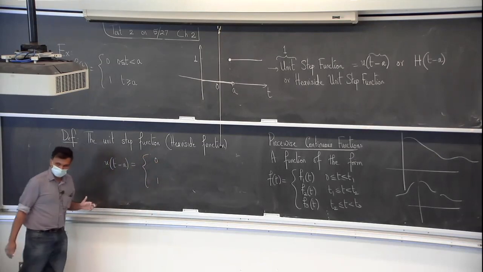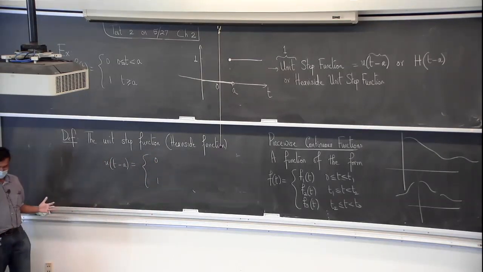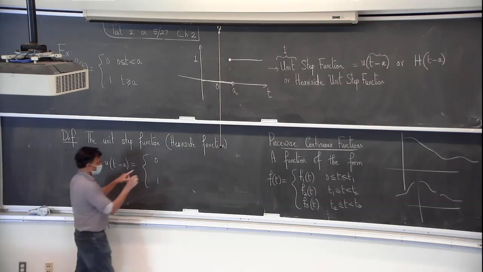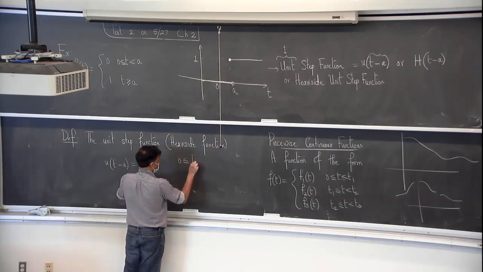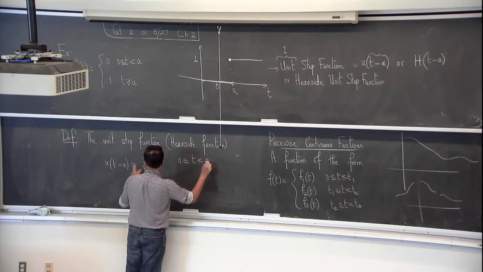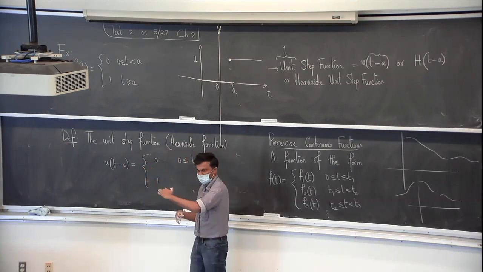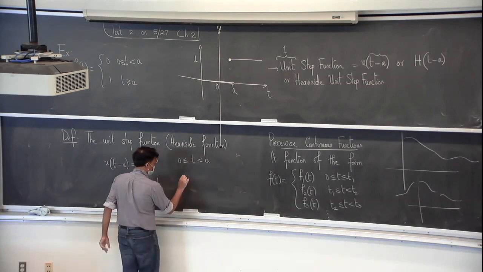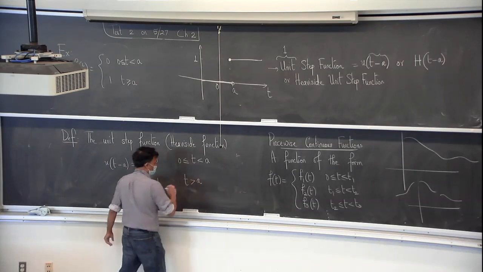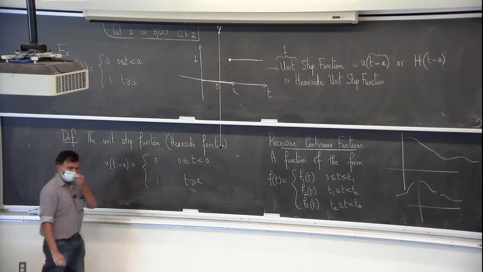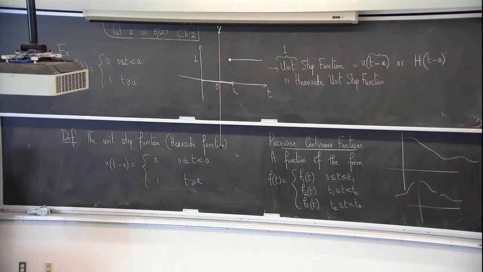It's a binary function, right? It's either off or on. That's the beauty of this function. So 0 for t between 0 and some value of a. That a is an indicator of where it is going to shift from 0 to 1. And 1 from a to infinity, or t greater than or equal to a. Very simple thing.